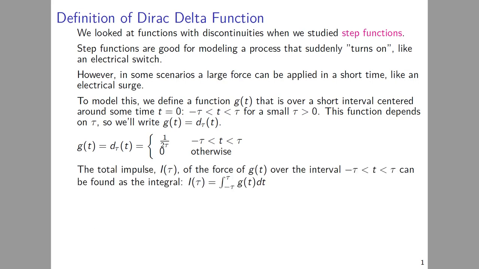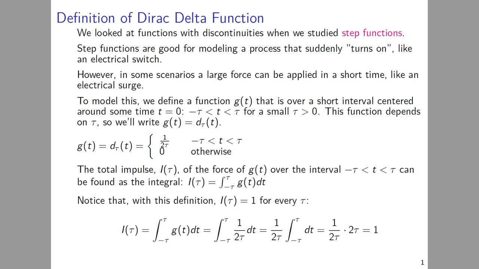Now the total impulse of the force of g of t we'll call I of tau, and it can be found as the integral from negative tau to tau of g of t. Notice that with this definition, I of tau is 1 for every value of tau, because the impulse I is defined as the integral from negative tau to tau of g of t dt, where g of t is 1 over 2 tau on this interval, which is a constant that can be factored out, and the integral from negative tau to tau of simply 1 dt is the length of that interval, which is 2 tau.